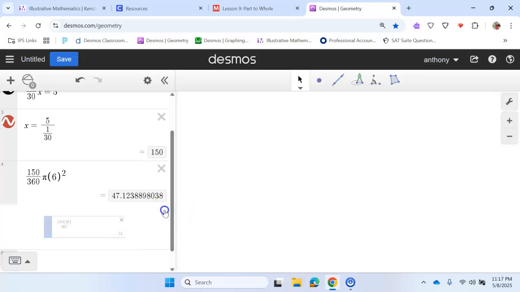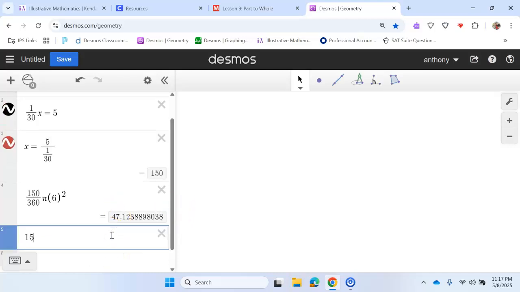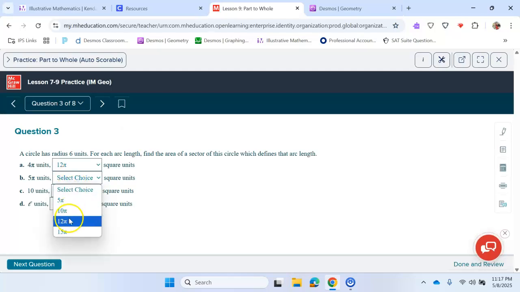The answer is 15 pi. You should be able to see that 4 pi times 3 is 12 pi. 5 pi times 3 is 15 pi. 10 times 3 is 30. And L times 3 is 3L.